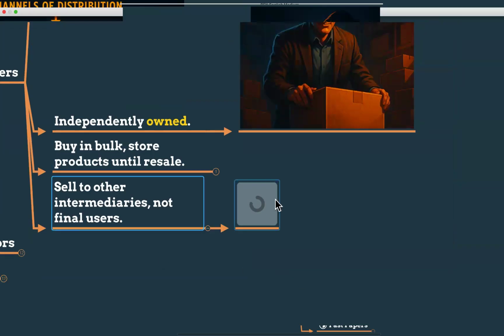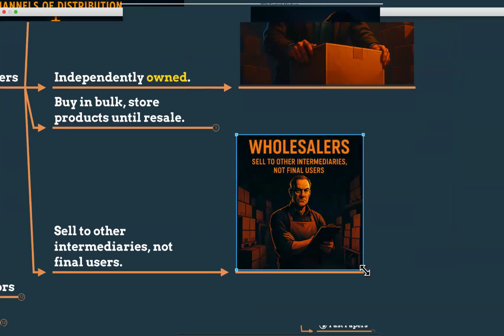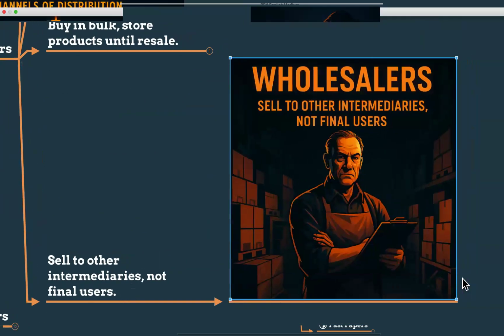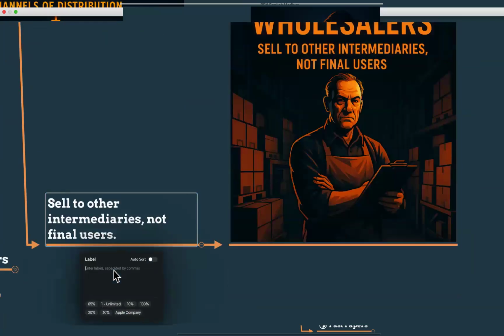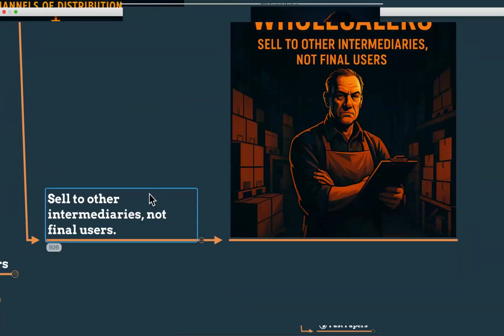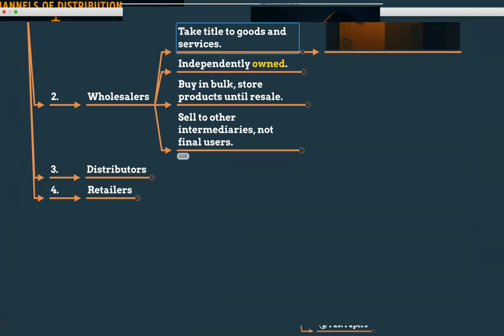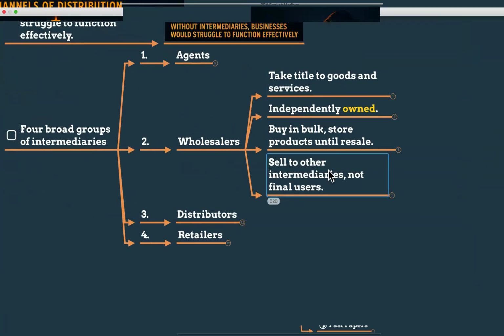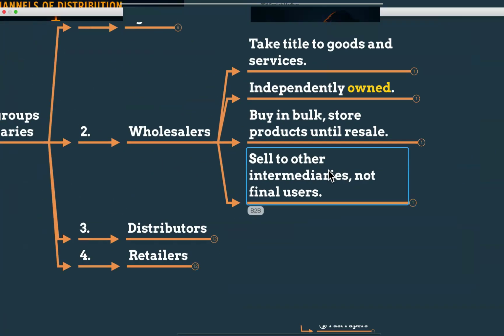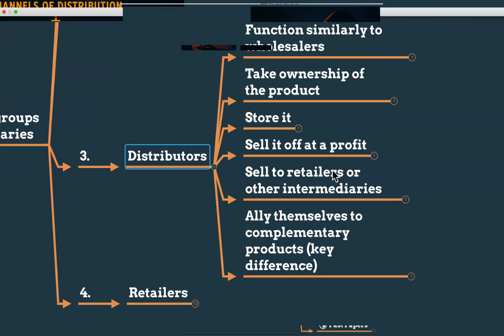They sell to other intermediaries, not to final users. They supply only to the retailers. It means we consider this B2B. You remember B2B, business to business. That is wholesalers, because the wholesaler is a business and retailers are businesses, not the final users, right? That's all about wholesalers, you must know.